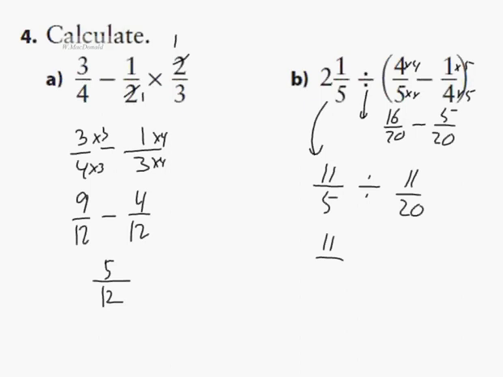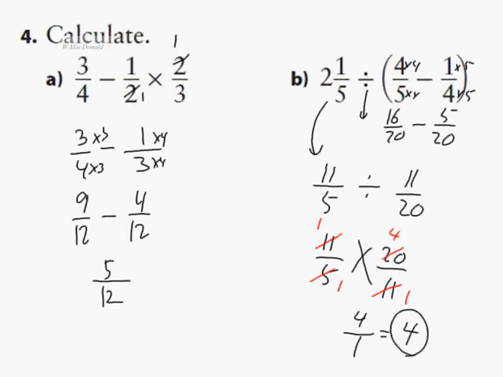The rule for division is keep your first fraction, change to multiplication, and use the reciprocal of the second. This question's really nice because the 11 over the 11 simplifies into 1 over 1, and the 20 over 5 simplifies to be 4 over 1. So when I multiply my numerators out, I get 4. When I multiply my denominators, I get 1. So the answer is simply 4 for the second question.